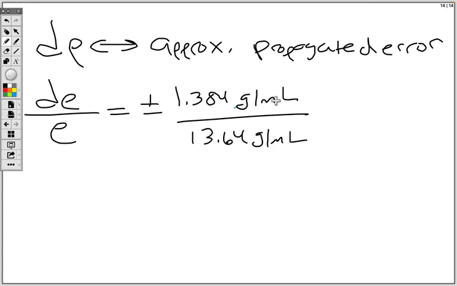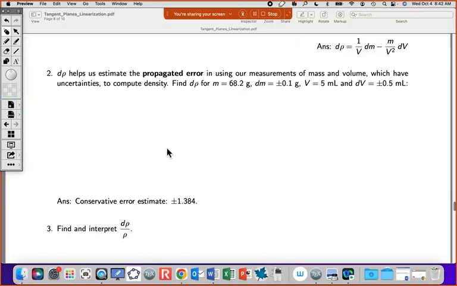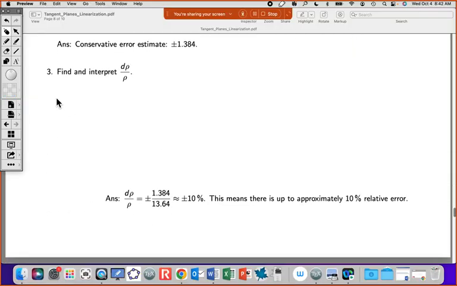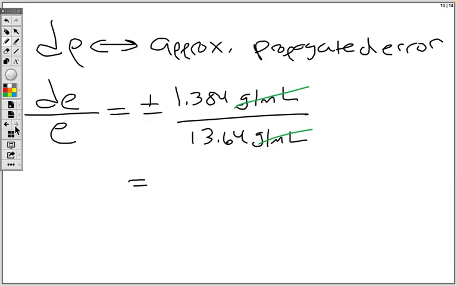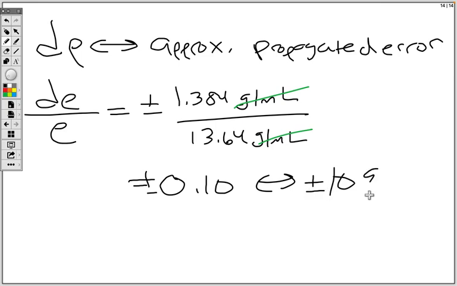Once again, you can see the units will cancel out, and I'll be just left with a relative number that I can interpret as a percentage, and this is roughly what, 10%? Yeah, it's roughly 10%. So it's plus or minus 10%.